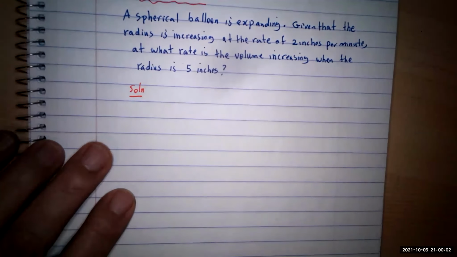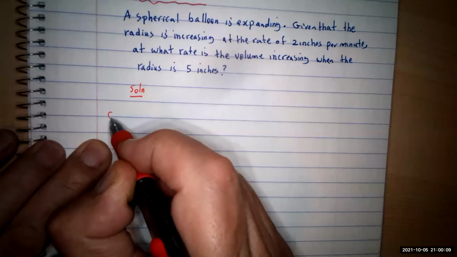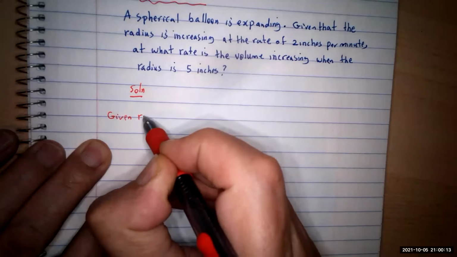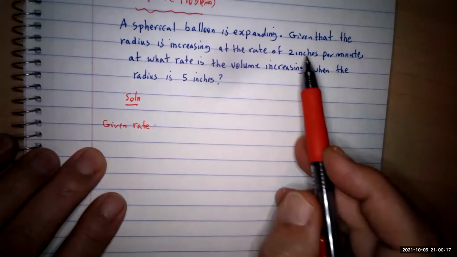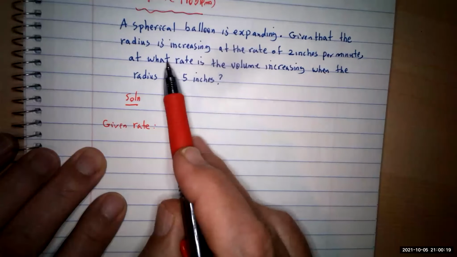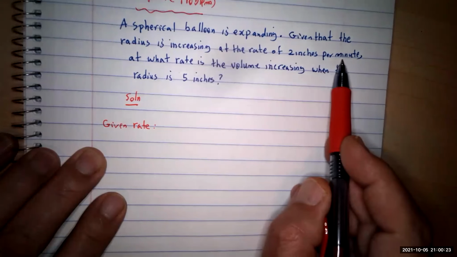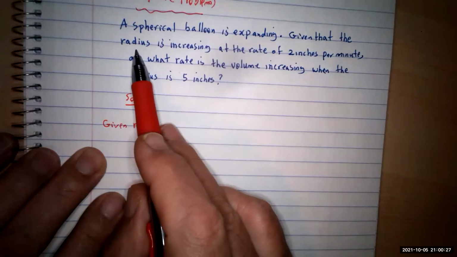For the solution, this is how we are going to design it. Remember, you have to tell us what the given rate is, the known one. You read the problem carefully: the radius is increasing at the rate of 2 inches per minute. So the given rate is the rate of the radius.